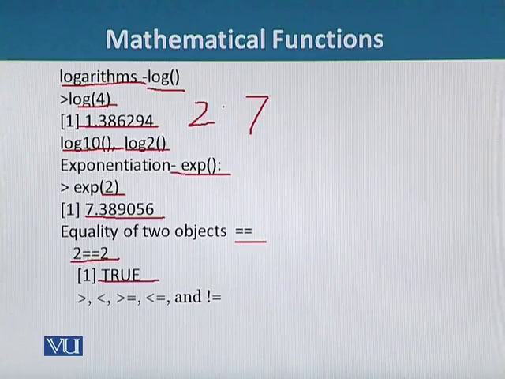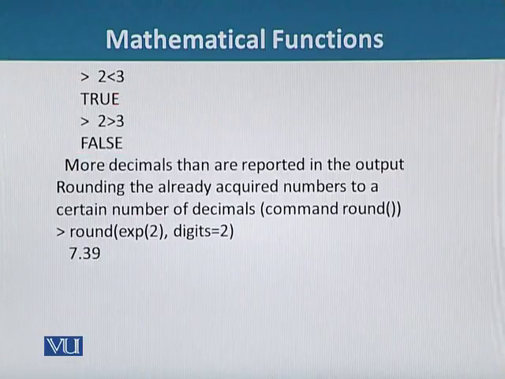Other operators can also be used, like the greater than sign. If we want to compare two numbers, it will tell us whether one number is greater than the other: less than, greater than or equal to, less than or equal to, and not equal to. We can use these operators to tell whether the statement is true or false.